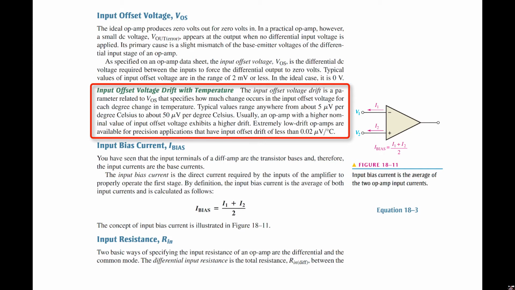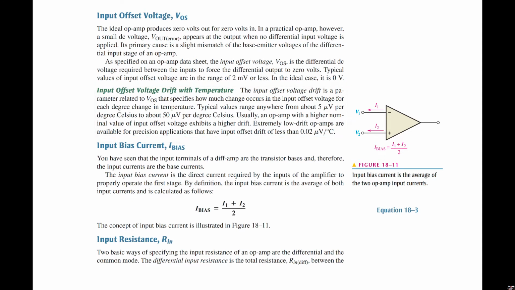Usually an op amp with a higher nominal value of input offset voltage exhibits a higher drift. Extremely low drift op amps are available for precision applications that have input offset drift of less than 2/100ths of a microvolt per degree Celsius.